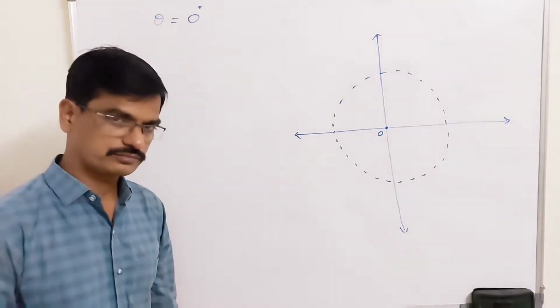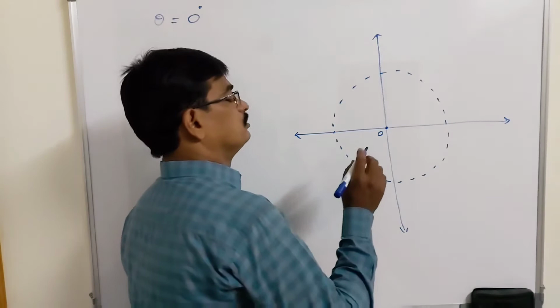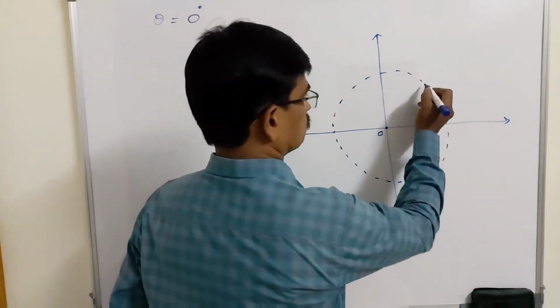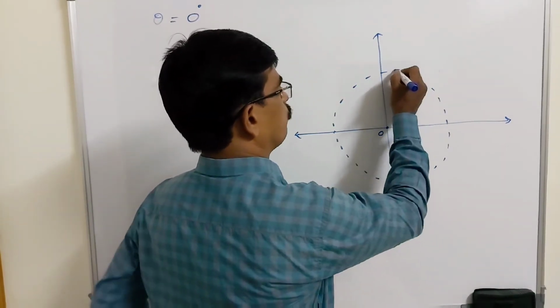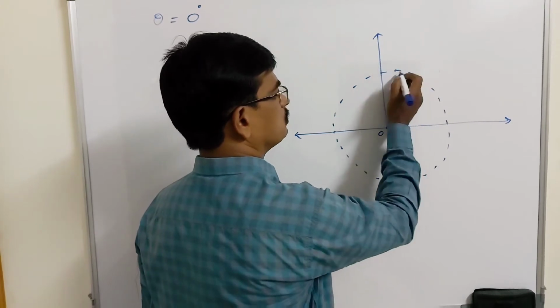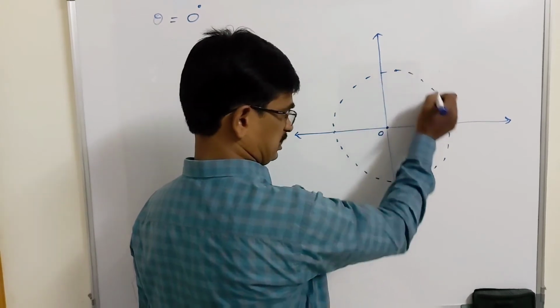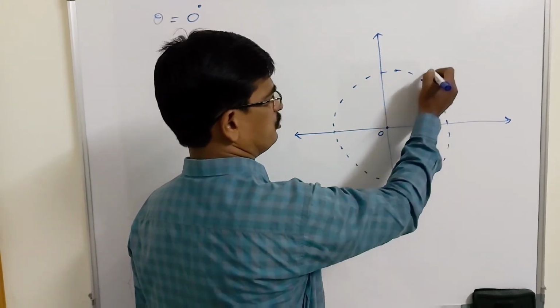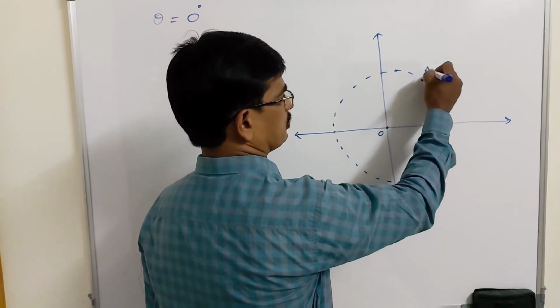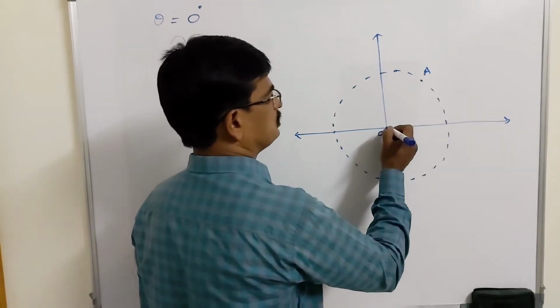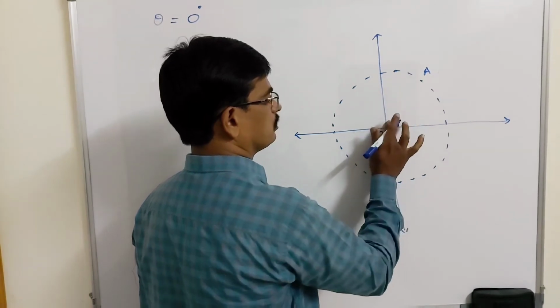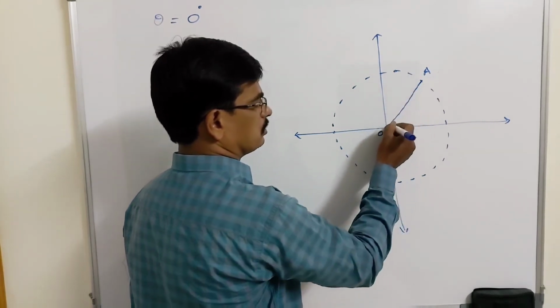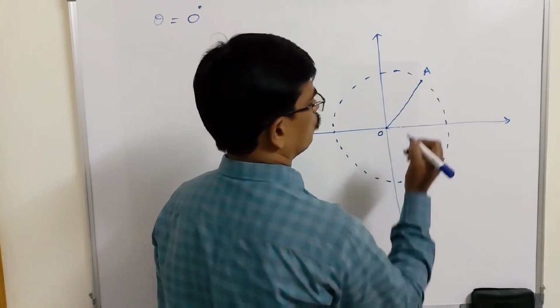Now mark a point anywhere on the circumference of the circle, let it be A. Join OA.